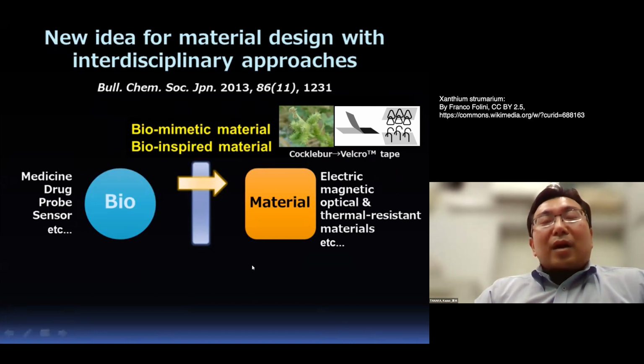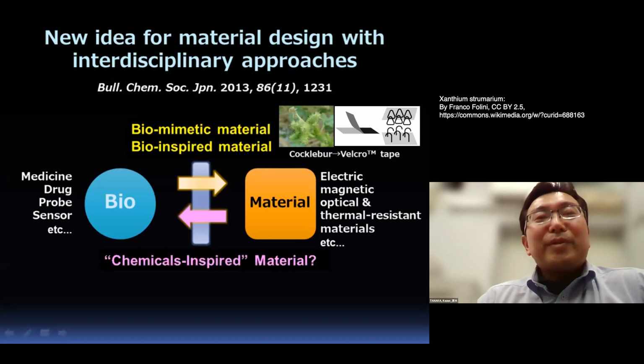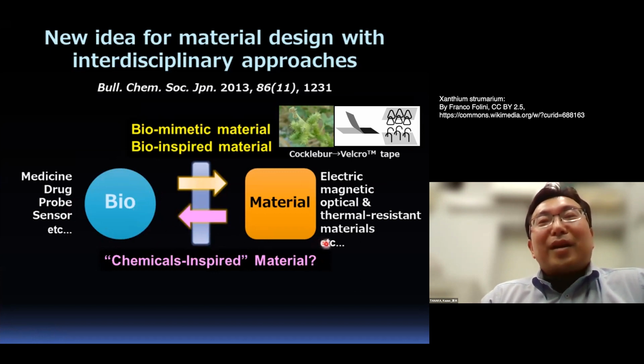And at this stage, we suppose that if we design biomaterials based on the chemistry in artificial devices or materials, unique function should be obtained.